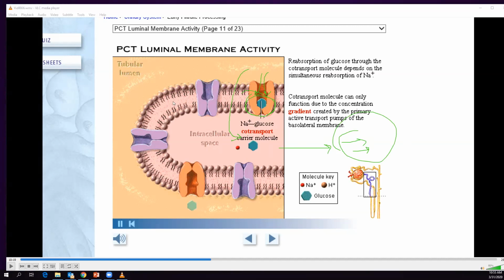So this is all my absorption of glucose. And remember, now that I have lots and lots of glucose molecules on the inside of my cell, that little transporter that we saw in the last slide is now just going to act by diffusion, where the glucose is going to leave the interior of the cell and go out into the interstitium.